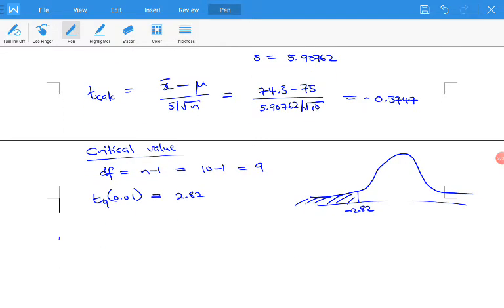So the decision rule is that we reject H0 if T calc, the test statistic, is less than negative 2.82.